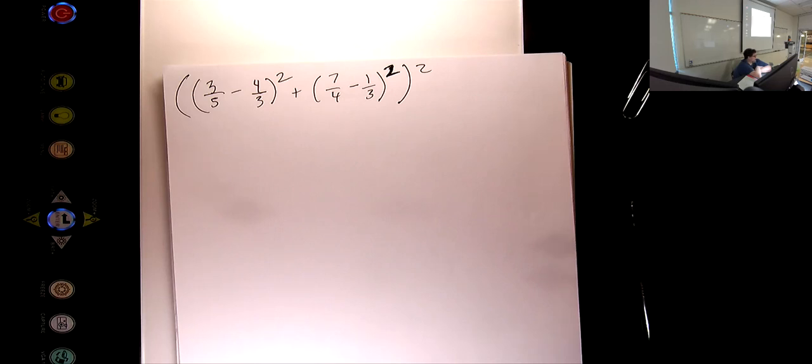I have no idea what this answer is, so I can't tell you what it is. Maybe I should try working it out. Let's see if I can do this in my head. Oh, this is already rough.